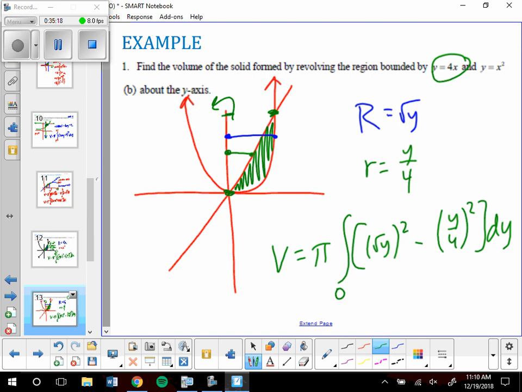We said they intersected when x equals what? 4. So what's y going to be here? 16. So my upper bound is 16. Okay with that?